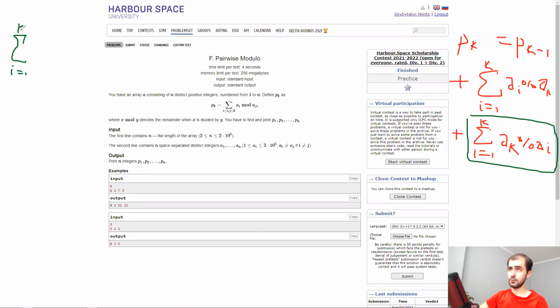So let's just do it carefully once again. It will be ak minus ai times ak over ai. Once again, you can get rid of ak because that is just ak counted k times or k minus 1 times, depending on which order you perform the operations in.